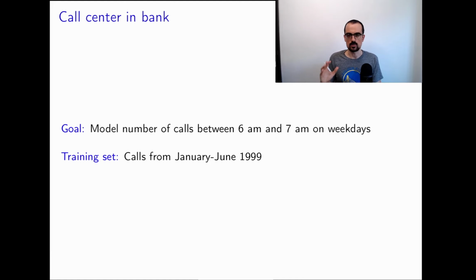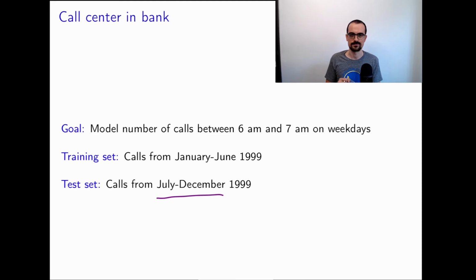We're data scientists, so we're going to decide on a training set and a test set. We're going to use 6 months to train our models, from January to June. And we're going to use a test set from July to December. Here, by the way, some of you might be saying, but Carlos, this makes no sense, right? Because you're using different months to train and test, and maybe something is going on in those months. That is true. But first of all, this is just an example for the class.